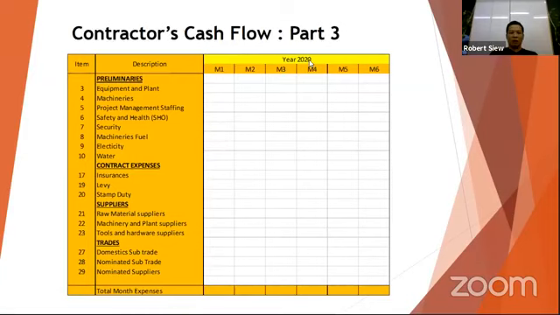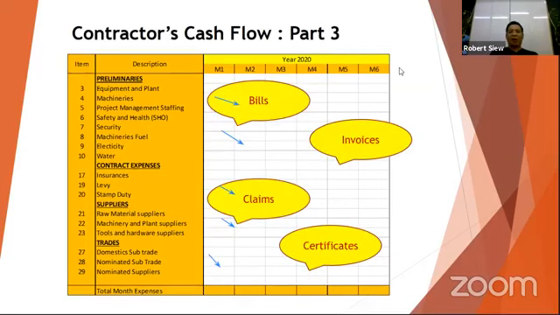Sorry, let me draw again. What would be all this filling? This is the things that we need to fill in, which means all the bills, the invoices, the claims, and the certificate.